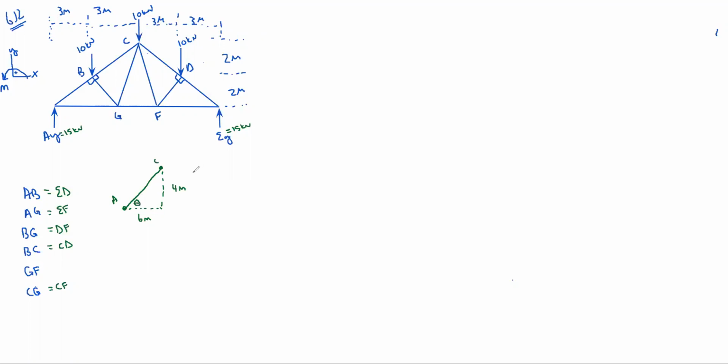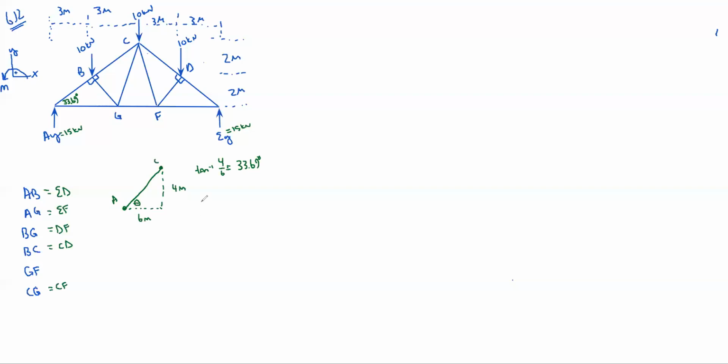So we can use the arctan function for that. Arctan of 4/6. If you punch that into the calculator, you get that theta, or that angle, is 33.69 degrees. I'm going to fill that in.